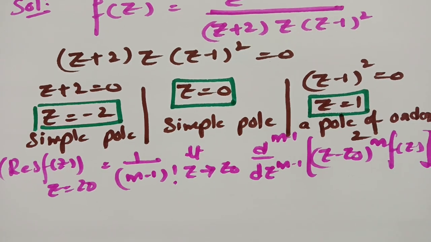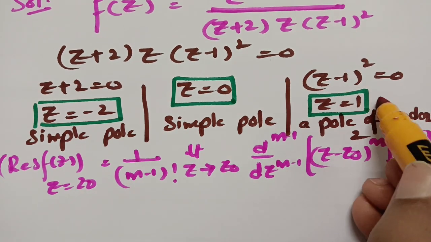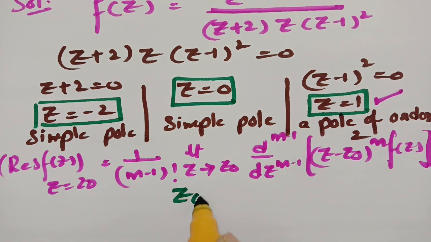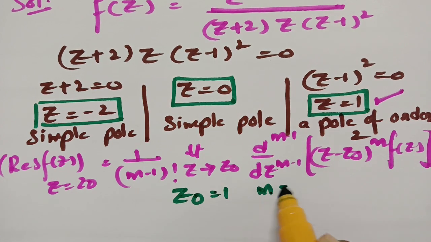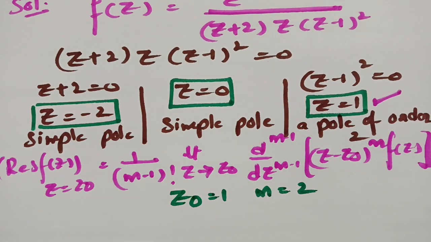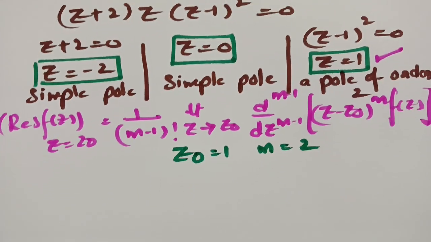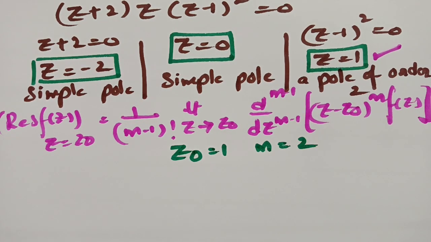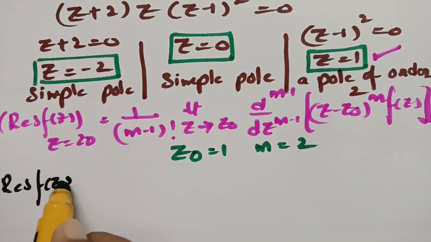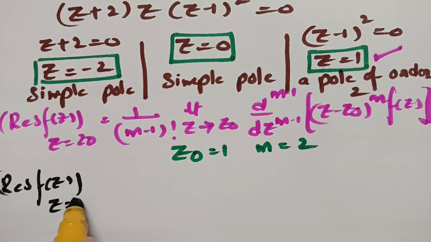So here I am finding the residue at z is equal to 1. If I keep z naught as 1 and the order m as 2, I will get the residue value of the function f of z at the point z is equal to 1.